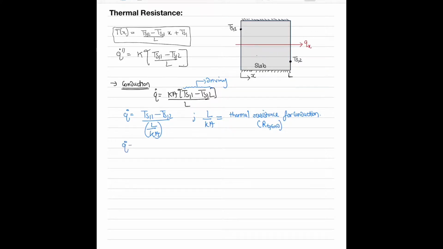So I can rearrange my equation as Ts1 minus Ts2 divided by R, thermal resistance for conduction.